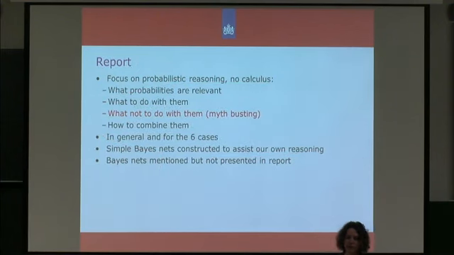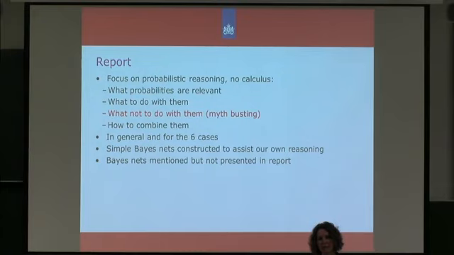So I wrote a report, and I had to decide whether I was going to present some probability calculus or make Bayesian networks and present numbers in the report. I decided not to do that. I decided to focus only on the probabilistic reasoning and not on the calculus.